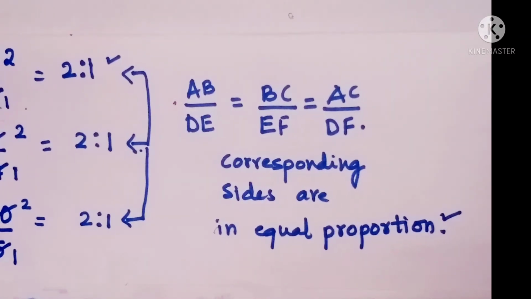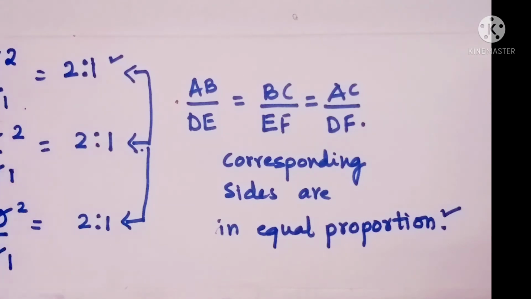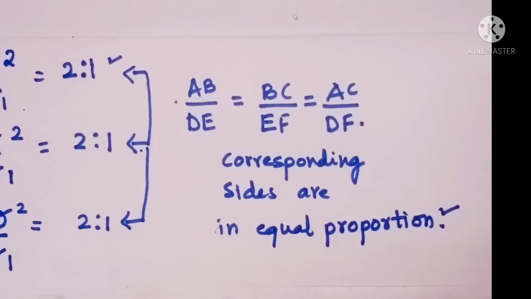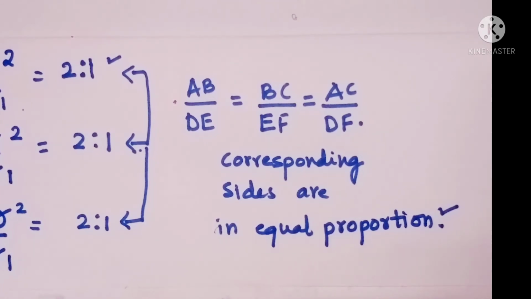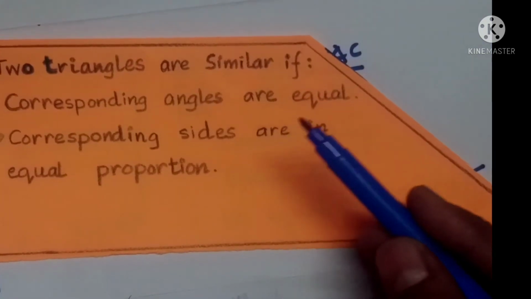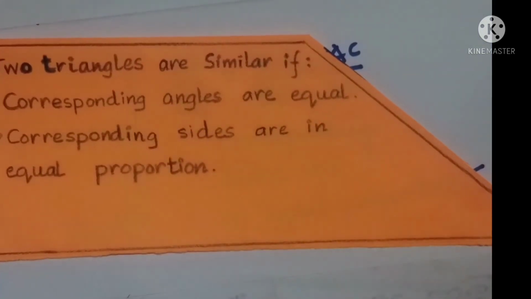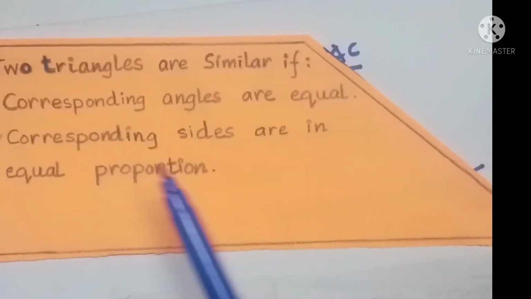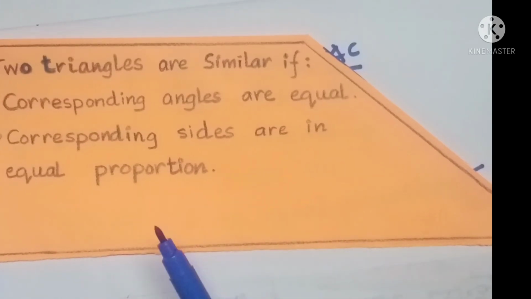You have already understood what corresponding angles being equal means. Now you have understood that corresponding sides are in equal proportion. So these are the two criteria for triangles to be similar: corresponding angles are equal and corresponding sides are in equal proportion.